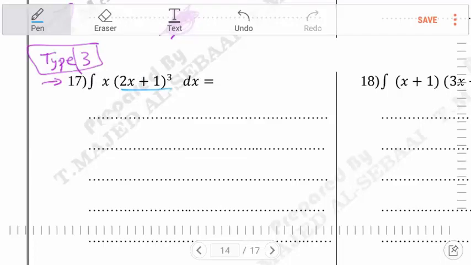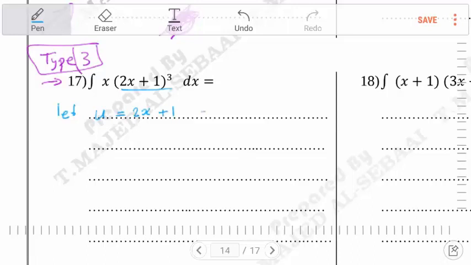So x plus 1 to the power of 3 is really long. See what I will do? I will do the following. I will say let u equal 2x plus 1. Okay, you are all with me, right? Yes.